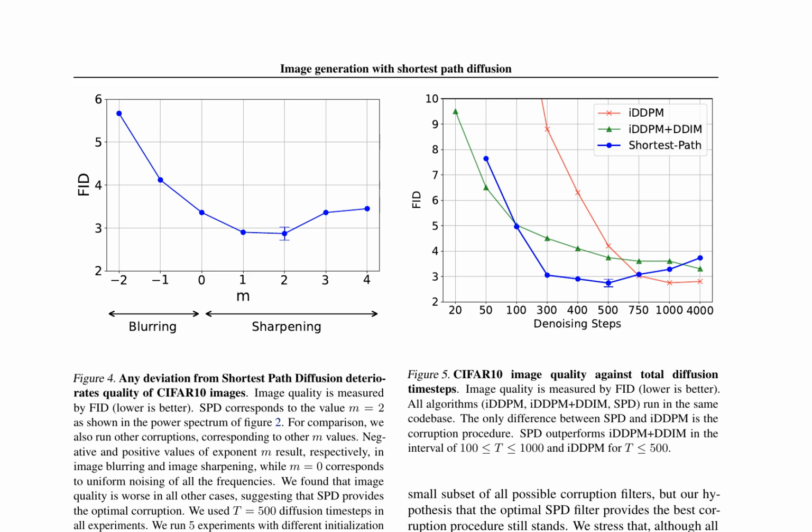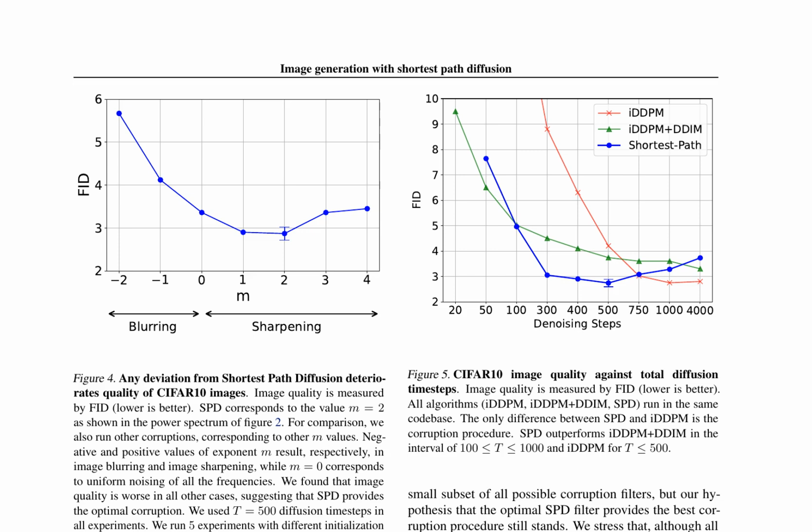To test this, they corrupt CIFAR10 images using different values of m, resulting in image blurring for negative m, sharpening for positive m, and uniform noising for m equals 0. The Fréchet inception distance (FID) metric reveals that image quality deteriorates when deviating from m equals 2, as demonstrated in Figure 4, suggesting that SPD provides the optimal corruption.